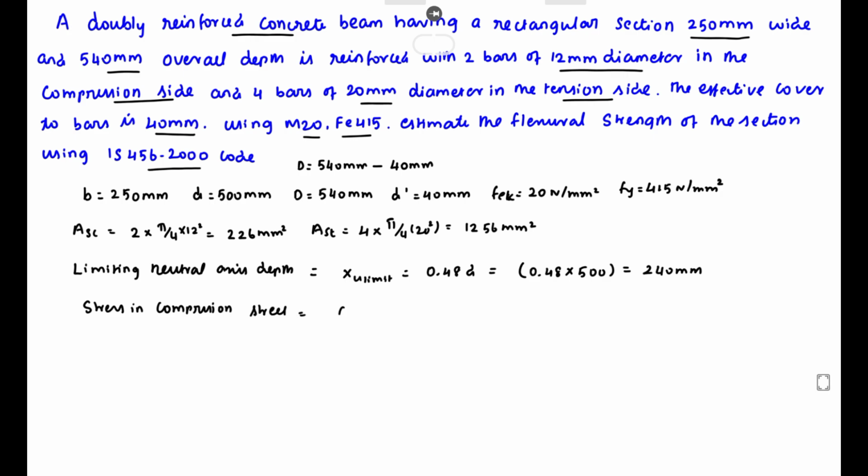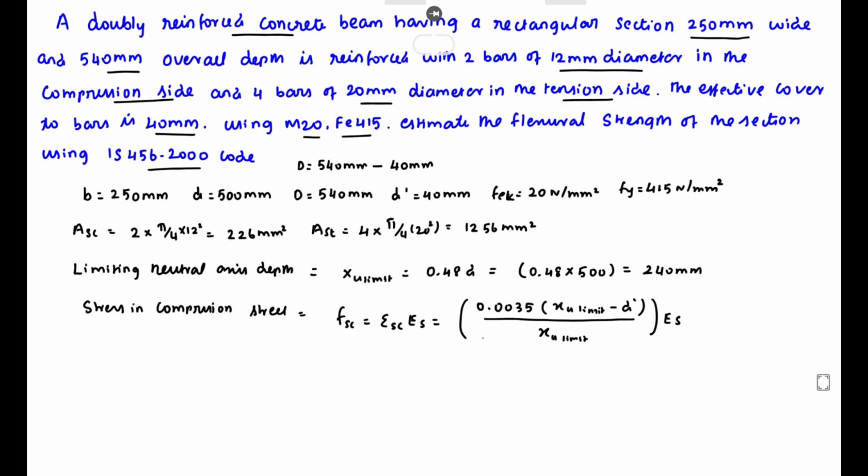Now the stress in the compression steel. We know the formula fsc equal to the strain esc into Es, equal to 0.0035 into Xu limit minus d dash, divided by Xu limit, into Es.